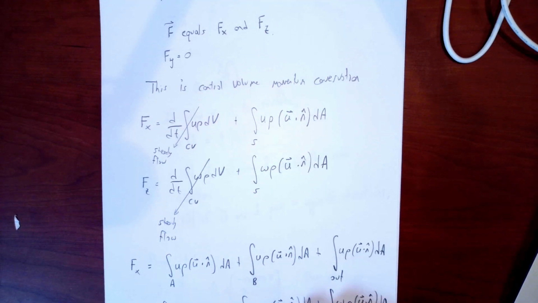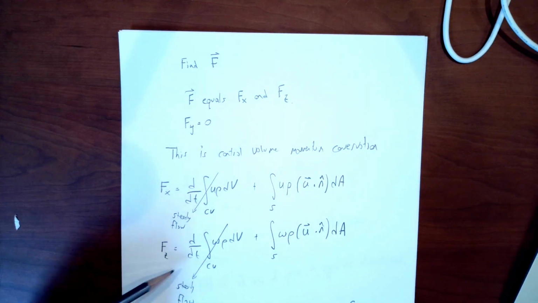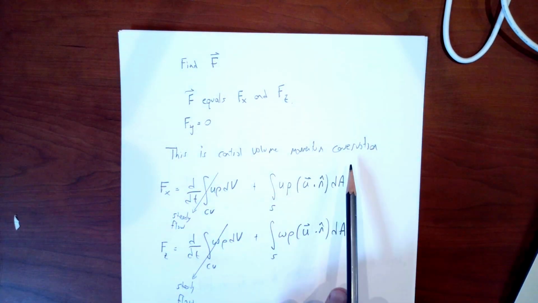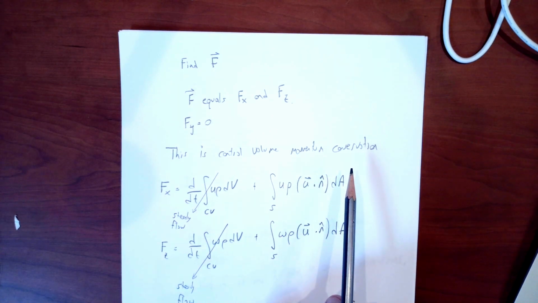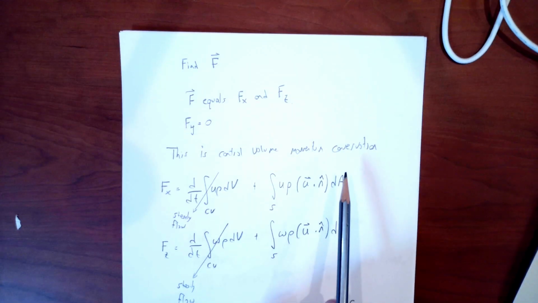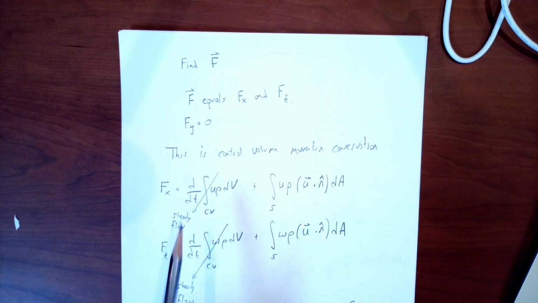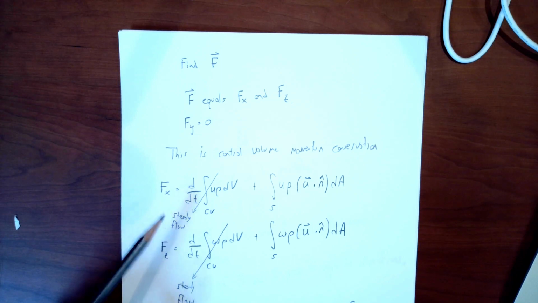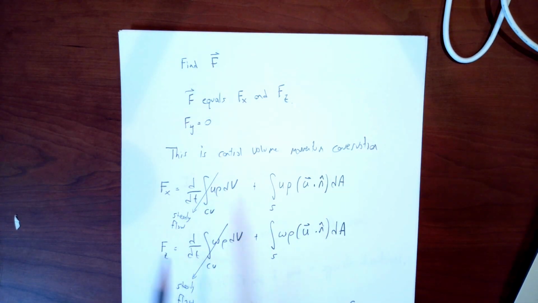So this is the equation that you should be looking to. These are the x, y and z force equations using control volume momentum conservation. These are the x force and the z force. And so we have two terms in each of these force equations.